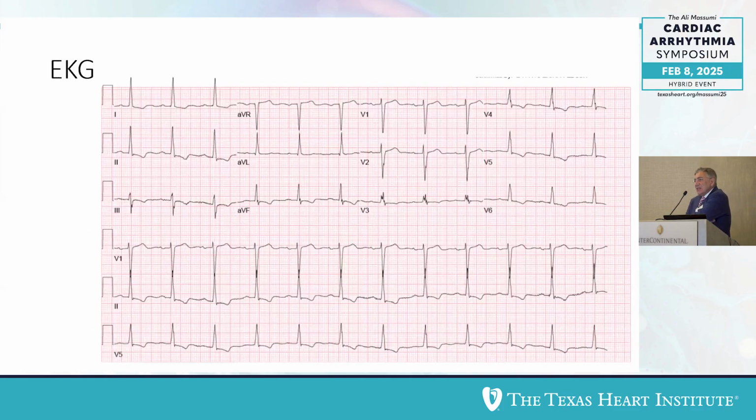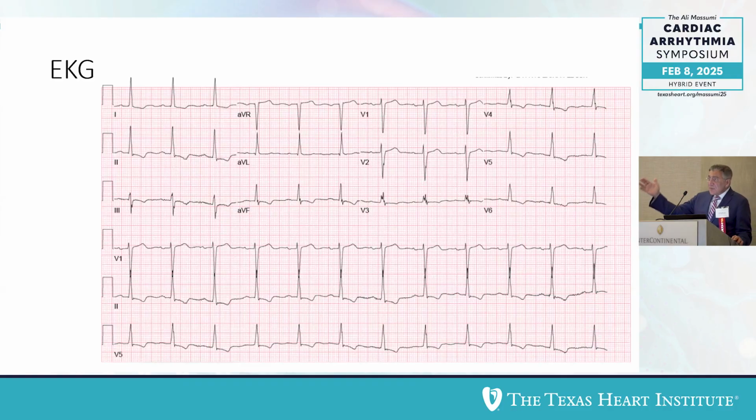This is his EKG, a very unimpressive EKG. My question is, what to do with this? It is normal sinus rhythm, tight QRS, the QRS is not wide, and nothing really significant, some ST-T change. So what do we do with this patient?